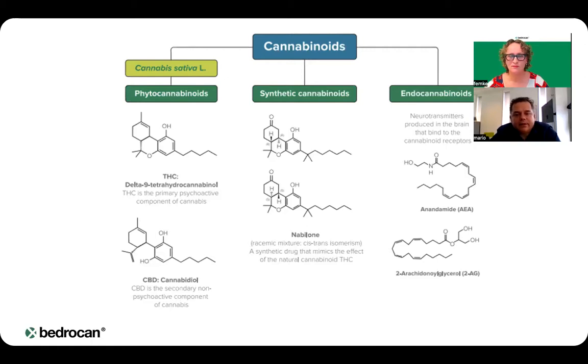The really nice thing is that we have two endogenous compounds that can bind to the CB1 receptor, anandamide and 2-AG, and they both bind to the CB1 receptor in different parts of the brain. But we don't know what the physiological function is of anandamide and 2-AG. Why would the brain have two different compounds that can activate the same receptor?